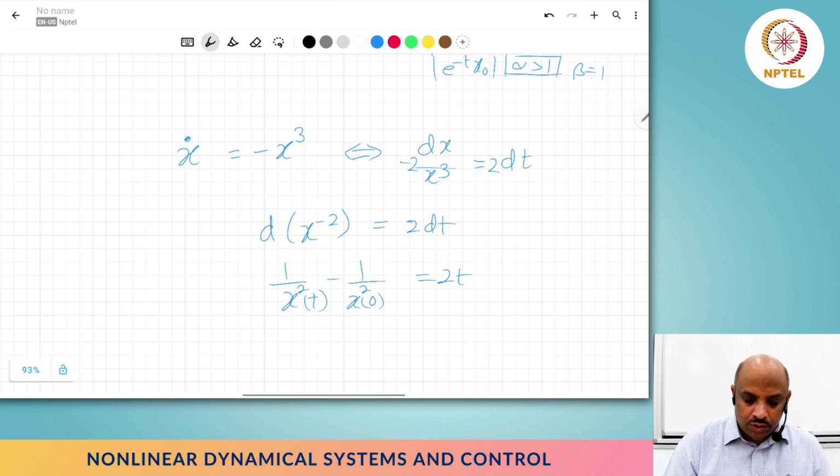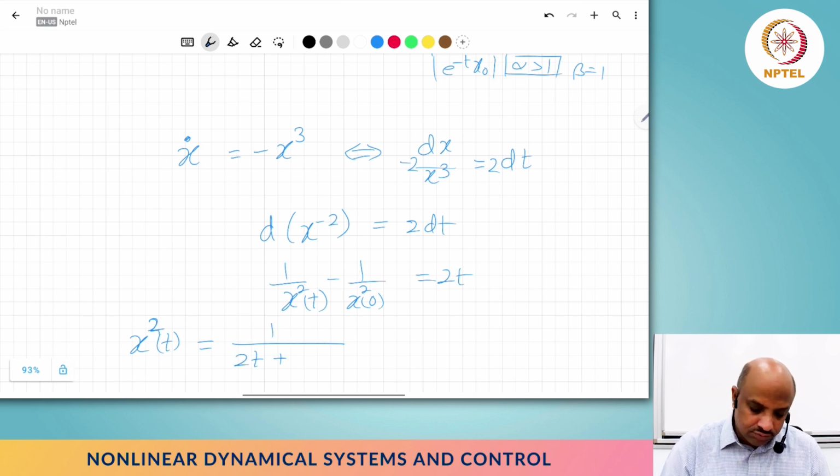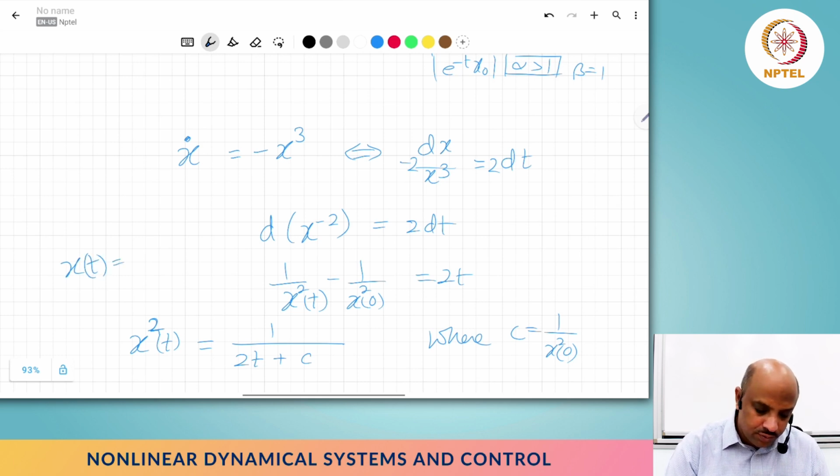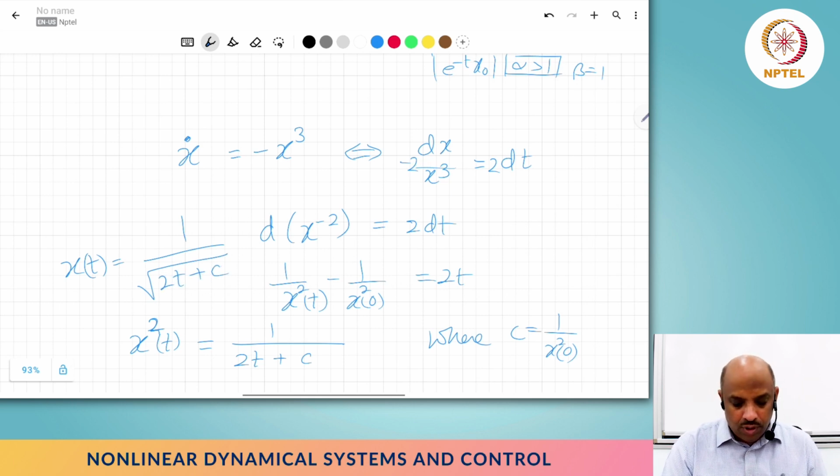Simplifying it, x square of t is essentially 1 over 2t plus c, where c happens to be equal to the inverse of x square of 0. Therefore x of t is 1 over the square root of 2t plus c, where c is dependent on x square of 0.